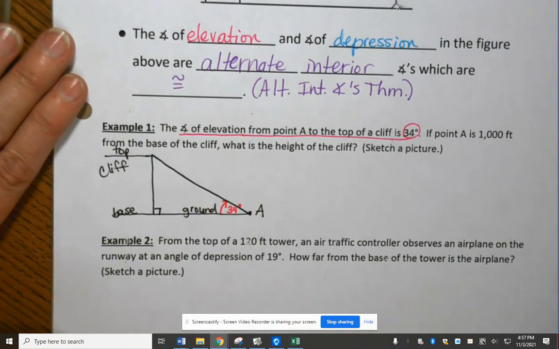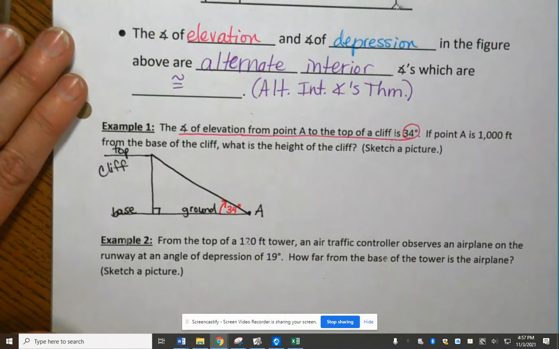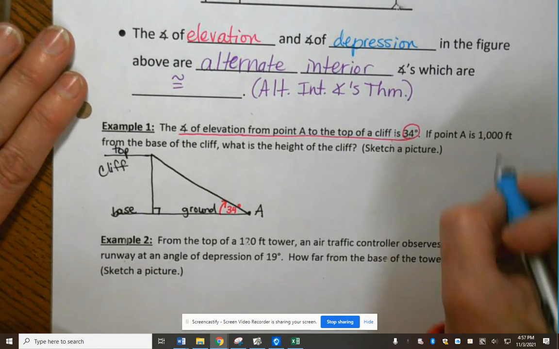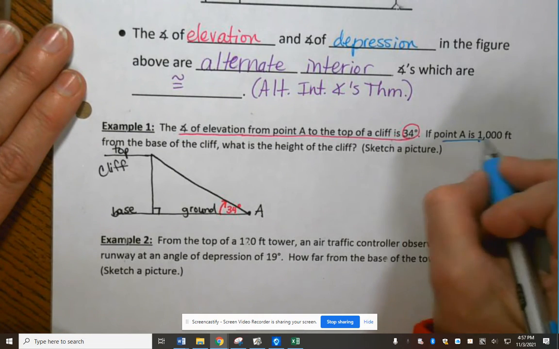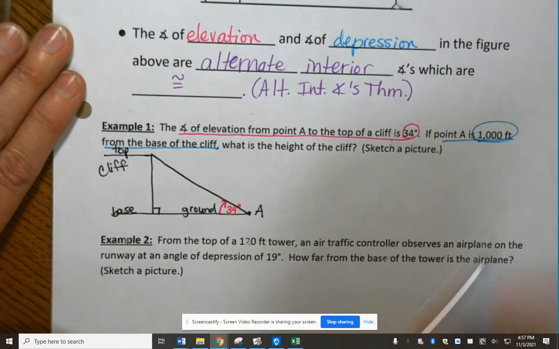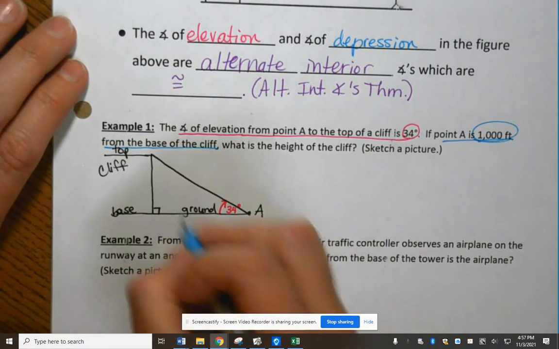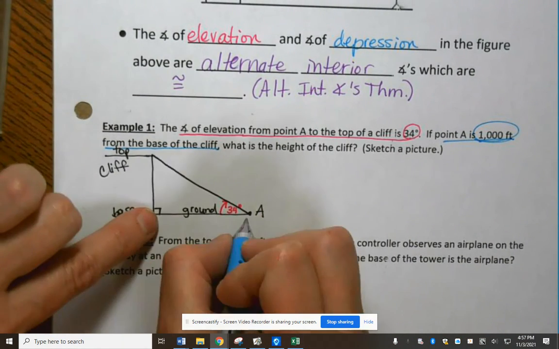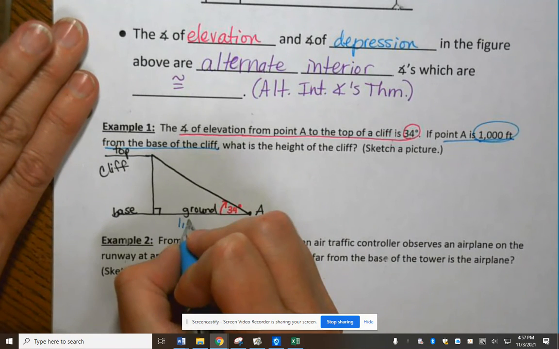And then they tell us if point A is 1,000 feet from the base of the cliff. So that 1,000 feet is an important number. And that's going from point A to the base of the cliff. So that's along this ground.